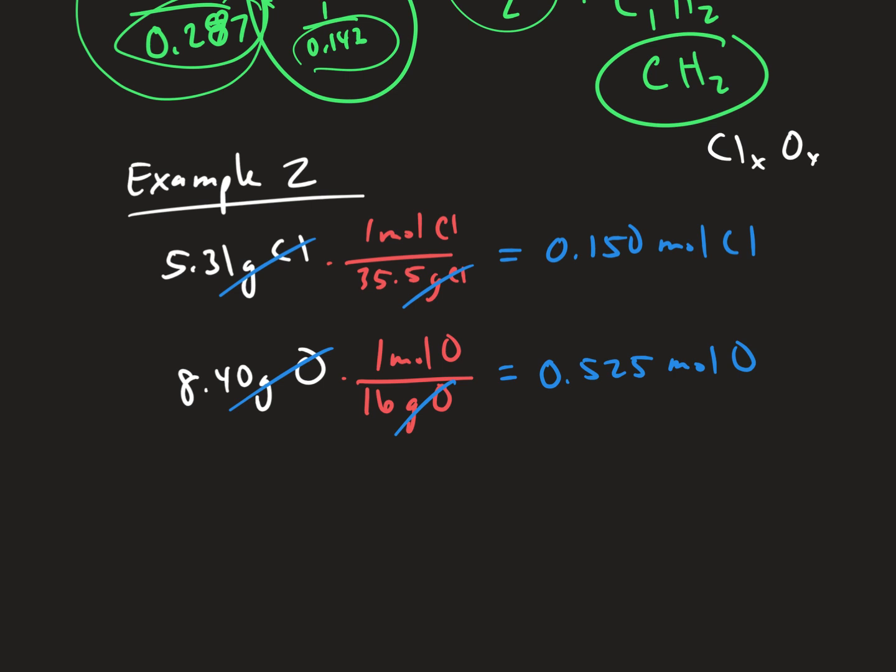Okay. So what are we going to divide both of them by? 0.150, right? The lowest one, the smallest one. 0.150 to both of them. That gives us a 1 for chlorine. And what does it give us for the next one?